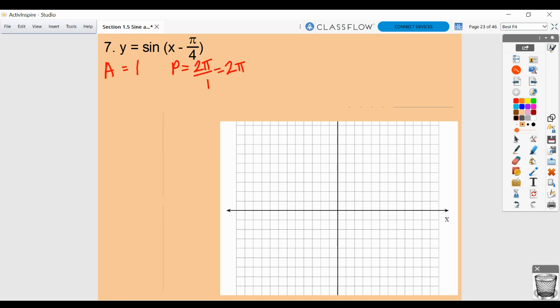Okay, but this minus pi over 4 means that you are shifting. It's inside of the parentheses, so you're going left or right, and it's opposite of what you think. So you think minus, you're going left, but you're actually going to the right, pi over 4.